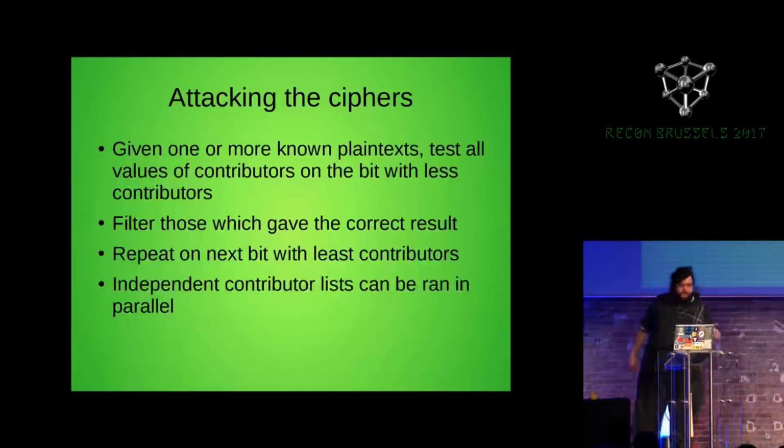If we want to attack the cipher, once we know that there is at least one output bit that has fewer contributors than input bits that exist on the cipher, we will just try to brute force the contributors of that single bit and try to filter out which of the combinations of contributors are actually the right ones. From a cryptographic approach, this means that you have broken the cipher because you can figure out the correct inputs using less than 2 to the number of input bits.